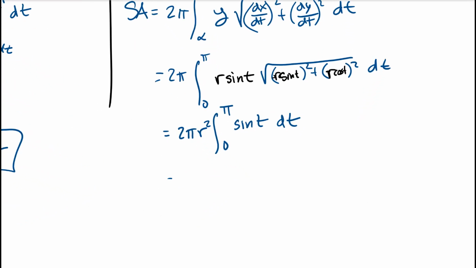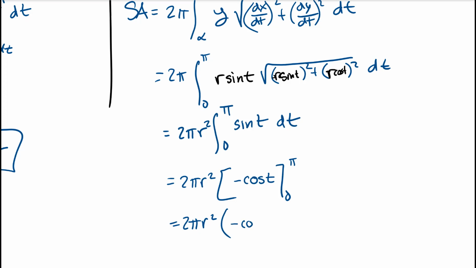Now let's go integrate. So we have 2 pi r squared, and the antiderivative of sine of t is negative cosine of t, evaluated from 0 to pi. Let's be careful, because I'll bet there'll be some sign error in here. So we're going to have negative cosine of pi minus negative cosine of 0.